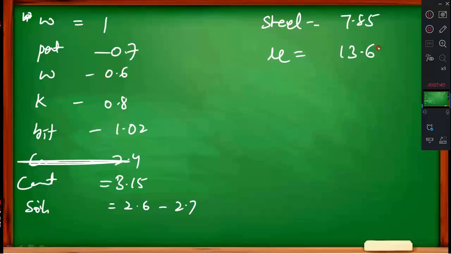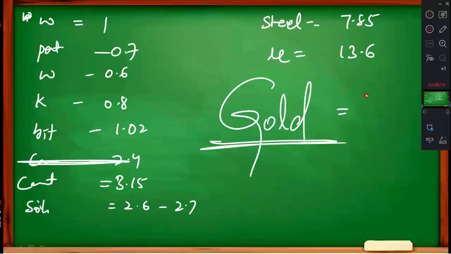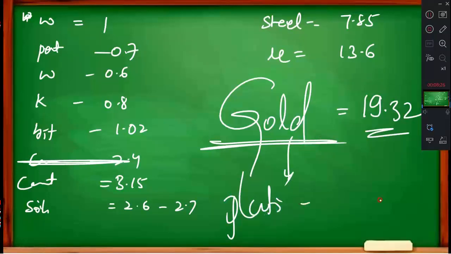Can you tell me a material which has a specific gravity more than mercury? Anyone remember? Gold is 19.32. Platinum is also higher.